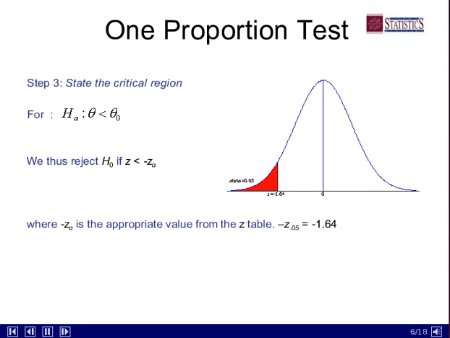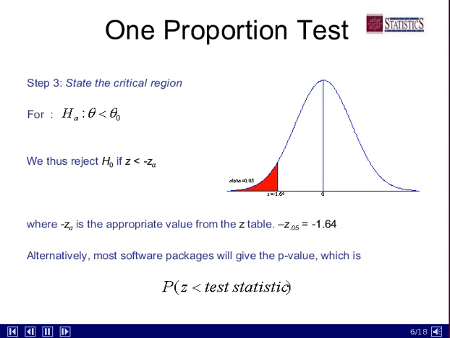Since we're using a z, we don't have that. So minus z alpha in our particular case comes from the z table. And if we're using a 5%, then minus z of 0.05, you can see the picture, the shaded region down there in red, is minus 1.64. So if our z statistic is lower than minus 1.64, then we would reject the null hypothesis.